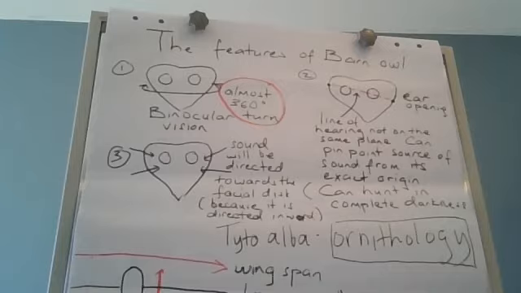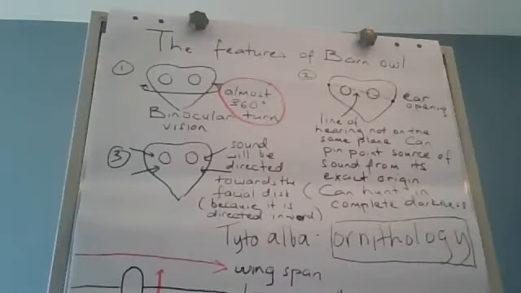But that is one of the special features that allows a raptor. A raptor is a bird of prey, a burung pemangsa, that strikes and catches its prey by its talons, kuku kaki dia. So it increases the field of vision for the owl to scan the area for any potential prey.